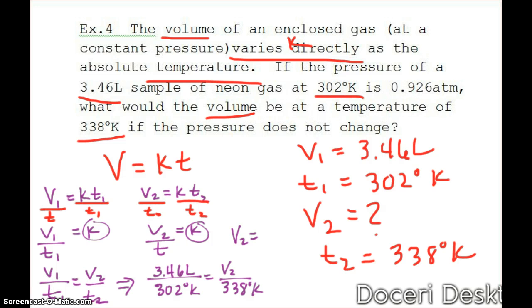So you're going to take 3.46 liters times 338 degrees Kelvin, and then divide by 302 to get the volume. And we end up with a volume of 3.87 liters.